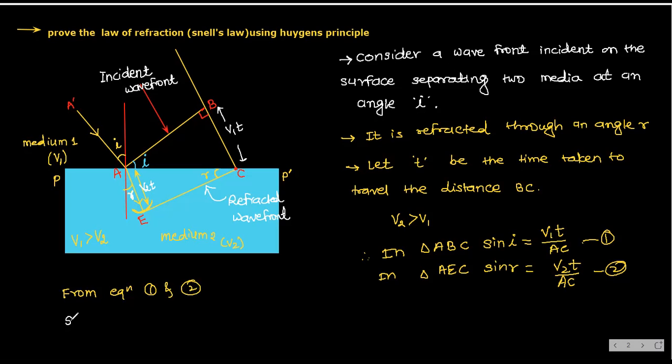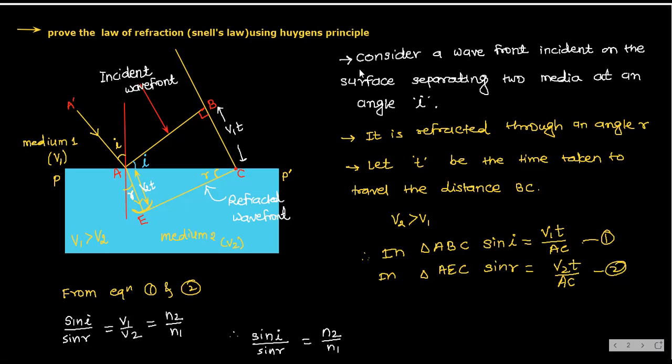See, sin I divided by sin R is equal to V1 by V2, T and AC will get cancelled, so which is equal to V1 by V2, and this is nothing but equal to N2 by N1. Yes, and therefore sin I by sin R is equal to N2 by N1.